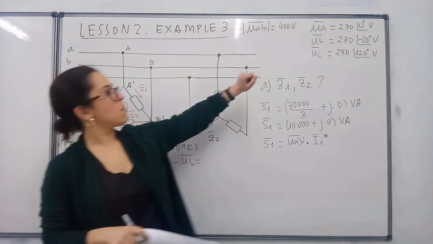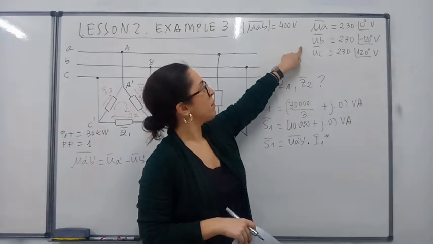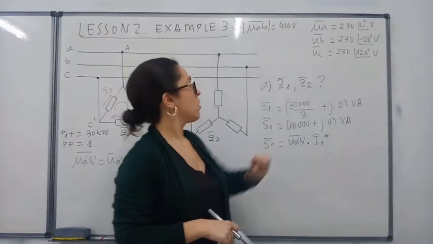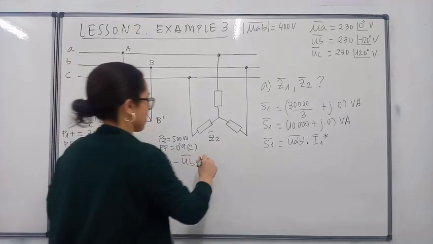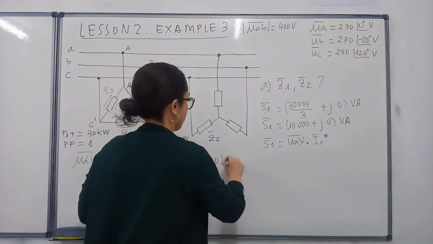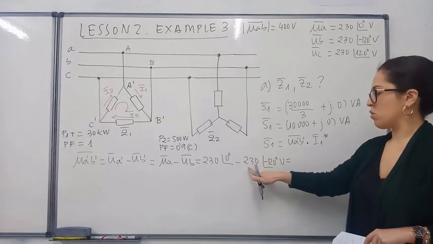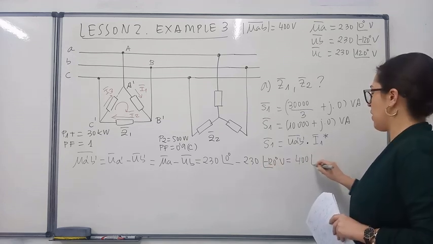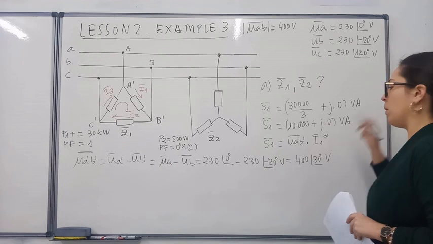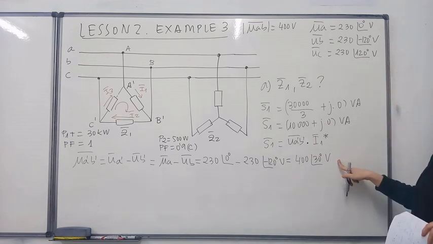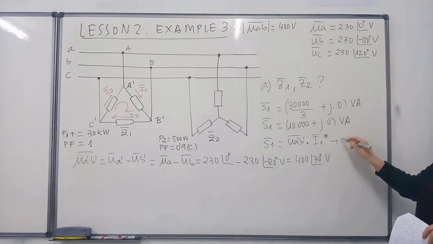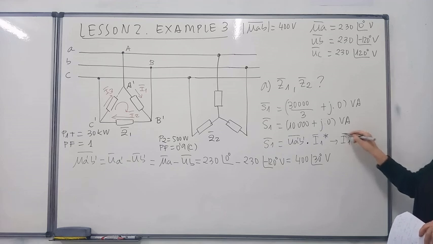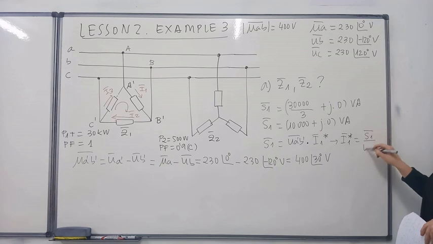Here, at the beginning of the problem, we have the values of the phase voltages, so we have to introduce the values there. So 230∠0° minus 230∠-120° volts, 430∠30° volts. Now that we have done this, we can solve this expression. Current I1 would be the complex power divided by that voltage.